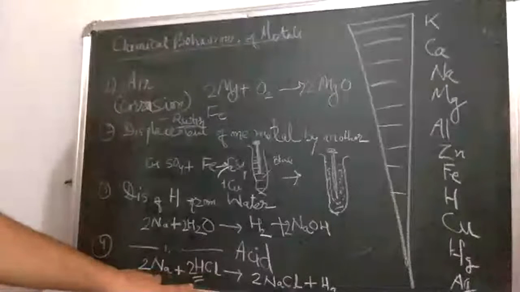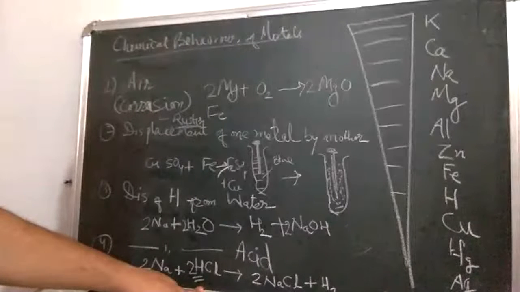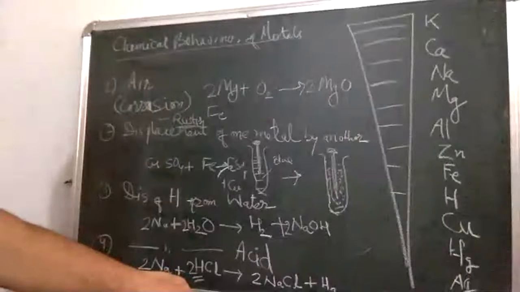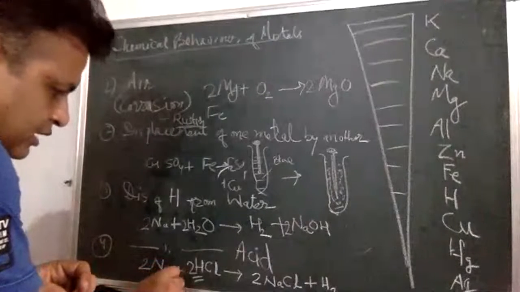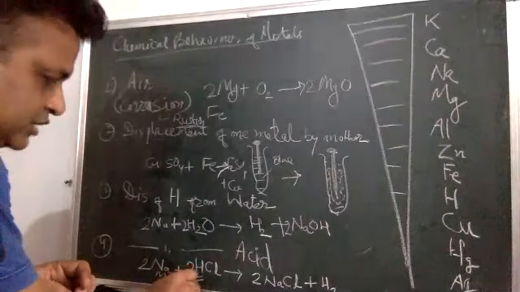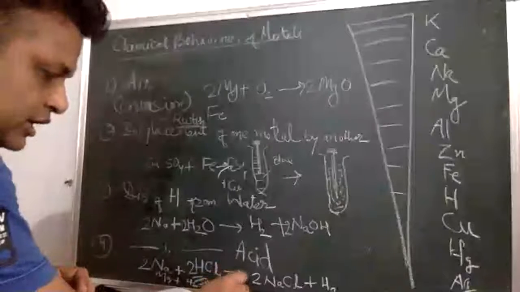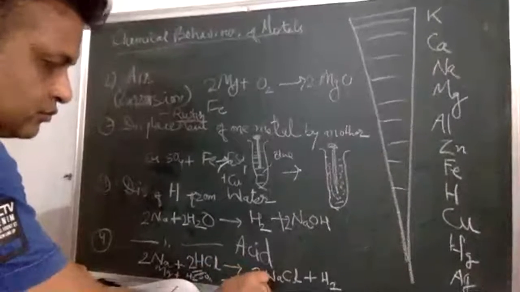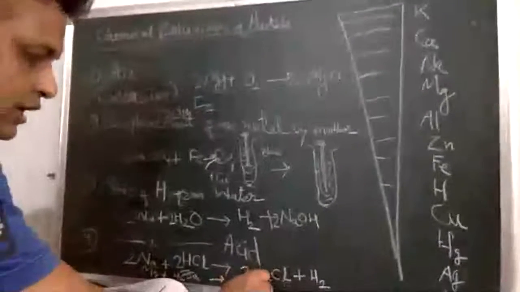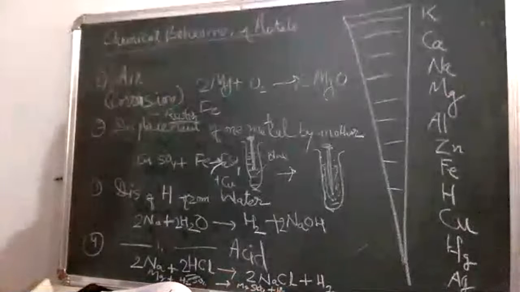Magnesium will replace hydrogen in H2SO4, and it will create magnesium sulfate, MgSO4, and the hydrogen will be separated out. You can balance it by yourself.